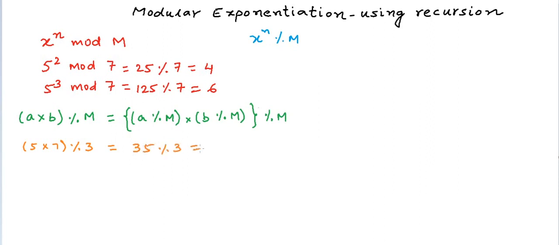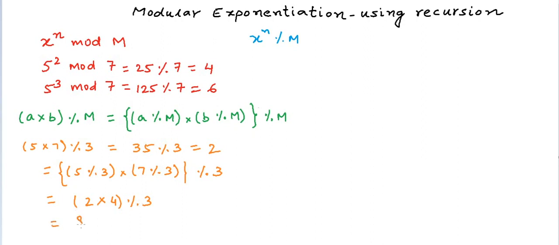Upon dividing 35 by 3, the remainder would be 2. Now let's solve this using the expression on the right hand side. This will be equal to 5 modulo 3 into 7 modulo 3 and an overall modulo 3. So 5 modulo 3 is 2 and 7 modulo 3 is 1. So this will be 2 into 1 modulo 3, which is again equal to 2. You can pick up some other values of a and b and validate that this is true.